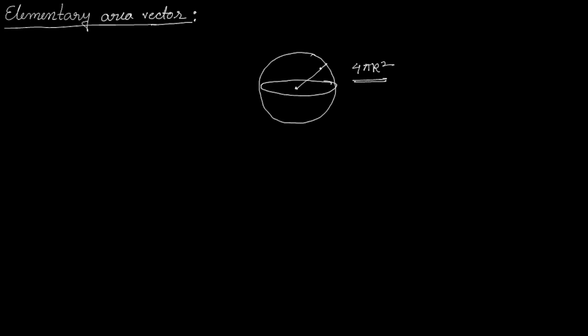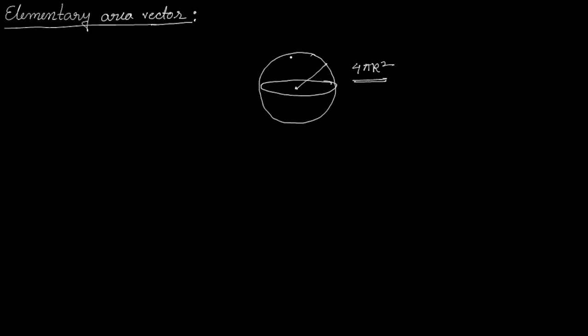We have already noticed how to write this elementary area in the rectangular coordinate system and in the 2D polar coordinate system. Now we want to write this elementary area in the spherical polar coordinate system, and this is very, very important because after some time we are going to solve Gauss law. Using Gauss law, we have to calculate electric field and electric flux.